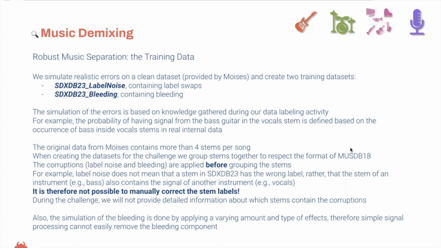Also, at the same time, the simulation of the bleeding is done by applying a varying and very often random amount and type of effects. So we take the signal from, in this case, strings, and we make it bleed into the drums track. But while doing that, we apply some signal processing techniques with random parameters, with random types of effects, and so on. So it wouldn't be easy to simply remove the bleeding component by simple signal processing. Next slide, please.